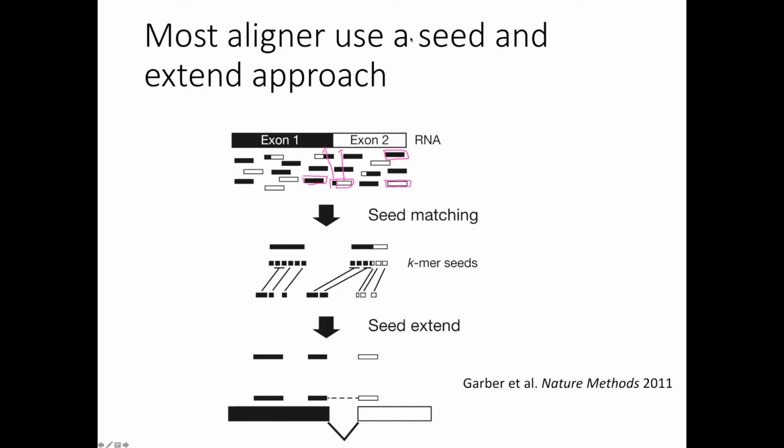So what happens then? Well, what the program does is that it takes one of these reads. So here we have a read, and it breaks it up into smaller parts of a certain length, a k-mer length. So k here is a number. On average, that's usually 20 nucleotides. So it breaks up the read into 20 nucleotide pieces.